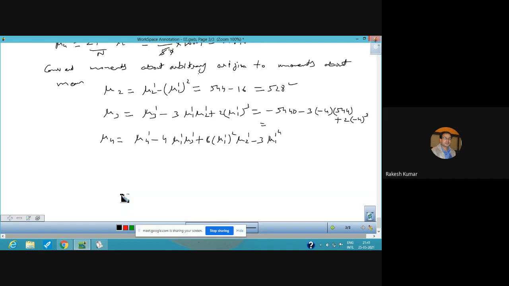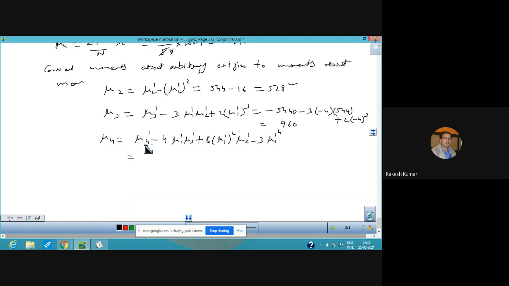This comes out to be 12 into 544, and that comes out to 6528 minus 128, minus 5440, that is 960. This is your third movement.